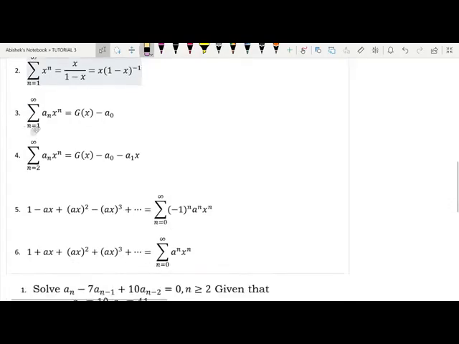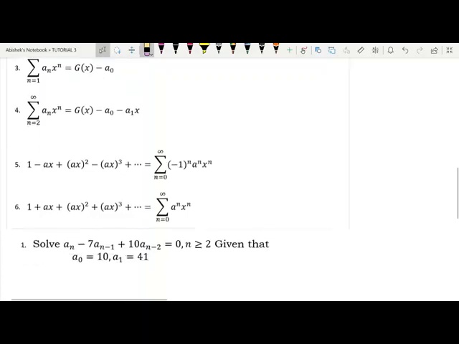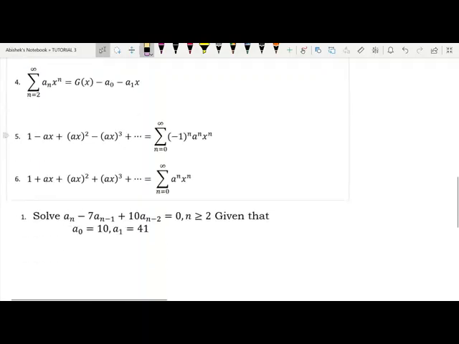So n from 1 to infinity a n x power n is g of x minus a0, and n equals 2 to infinity a n x power n is g of x minus a0 minus a1 x. So 1 minus ax plus ax the whole square minus ax the whole cube can be written as summation n from 0 to infinity minus 1 power n a power n x power n, whereas if all the signs are positive plus, the summation equals summation n equals 0 to infinity a n x power n.